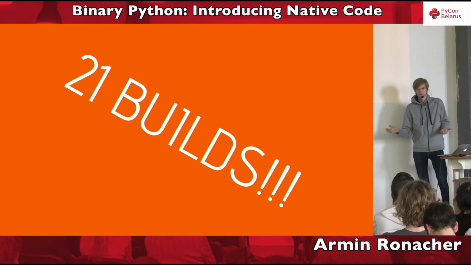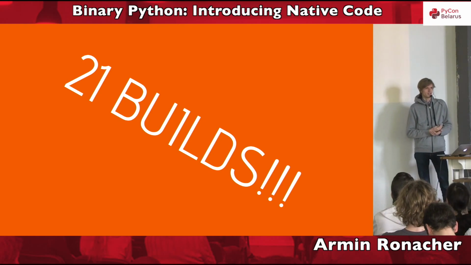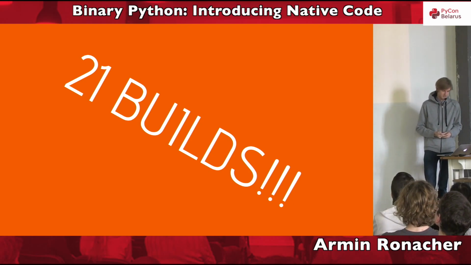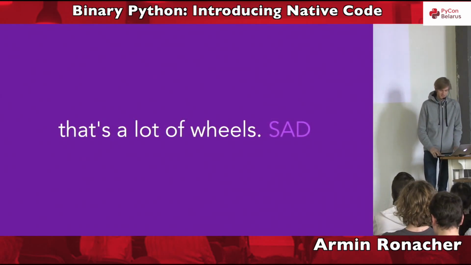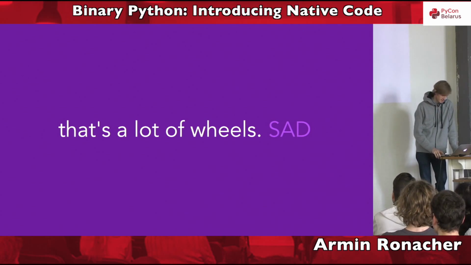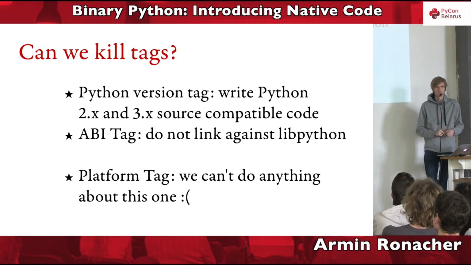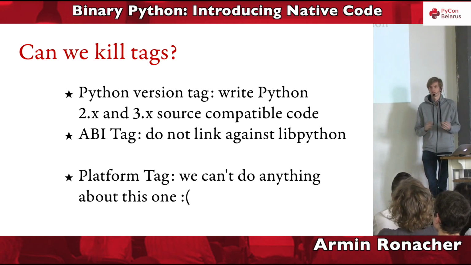For us, if we would do the same thing with SimSynth, it would take us probably about a day to push out the release. That's a lot of wheels. It's very sad. How can we get rid of the tags? So we write code that's compatible with 2.x and 3.x, so that's 1 dimension less.